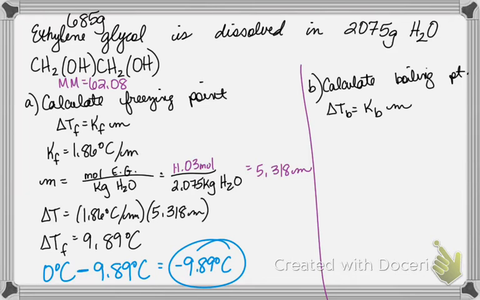And we've already done most of the work because we've already calculated the molality. The KB, I'm going to get that from the table. The KB for water is 0.52 degrees Celsius per molal. And the molality is still 5.318.